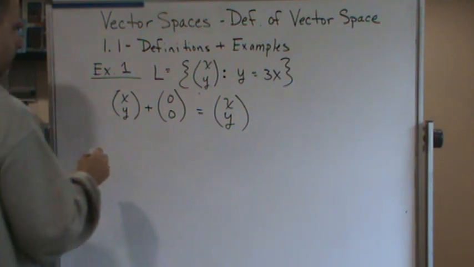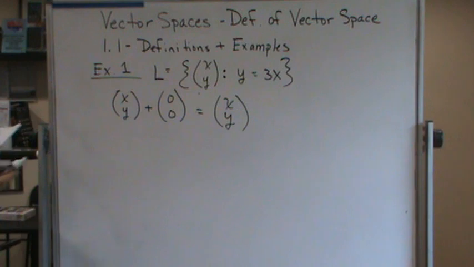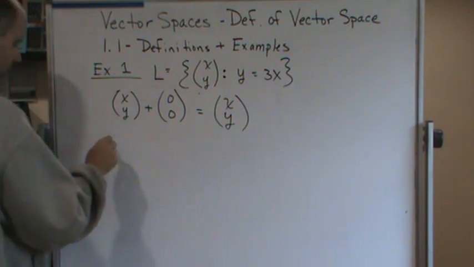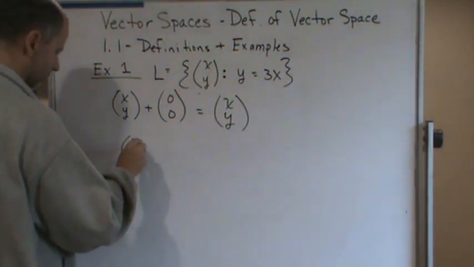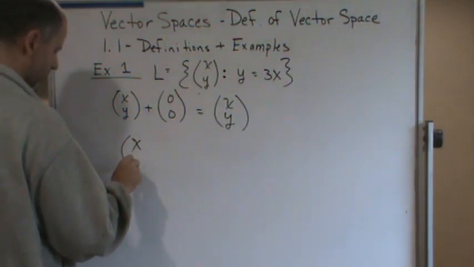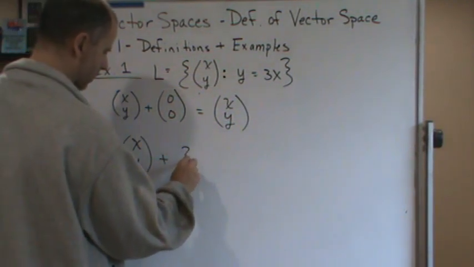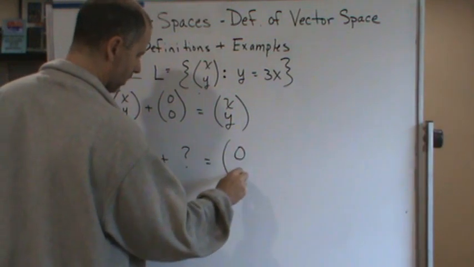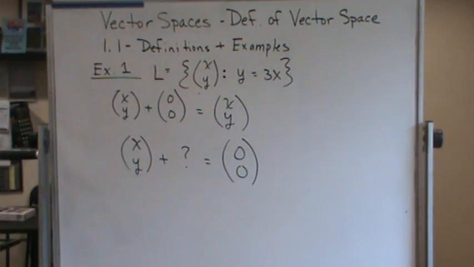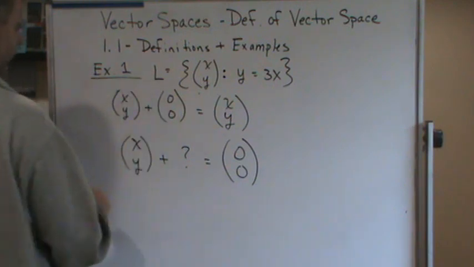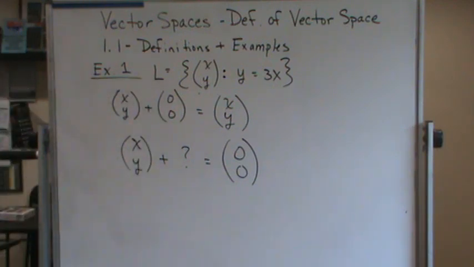So given any vector (x, y) in L, is there another vector in L such that if I add those two together, I get the zero vector out? And yes, there is.